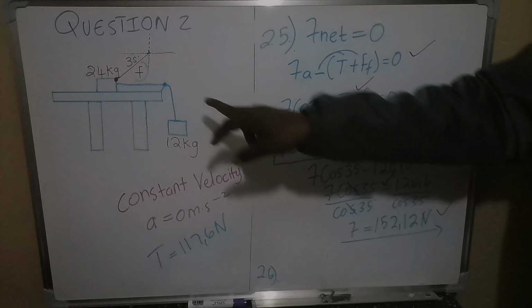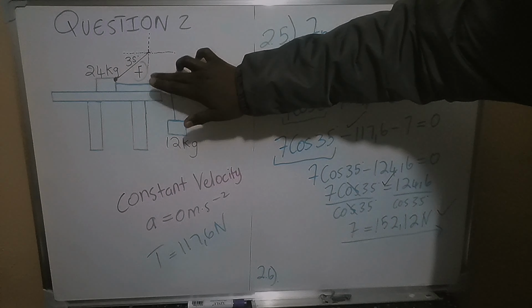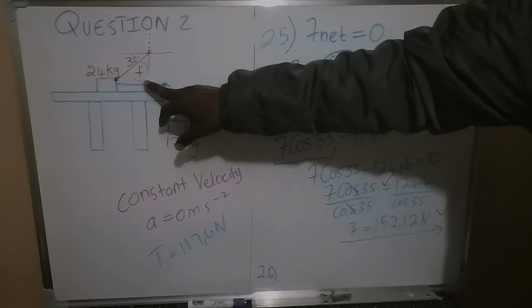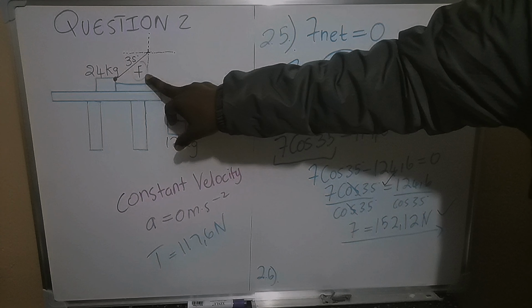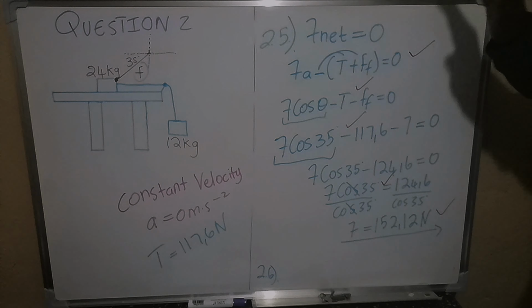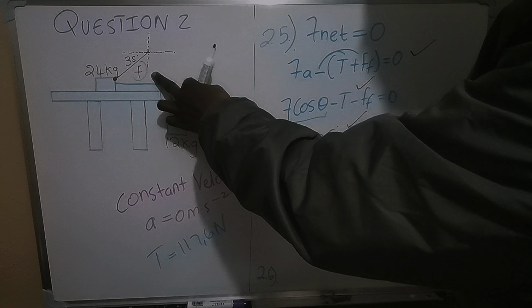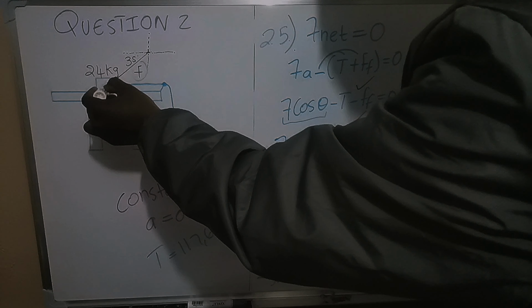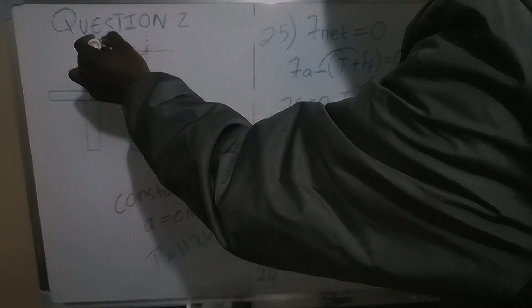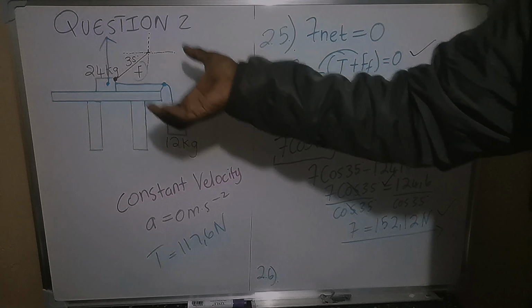Does the magnitude of the normal force increase, decrease, or remain the same if we remove this force? Remember, if you remove this force applied here, it might form part of our normal force.